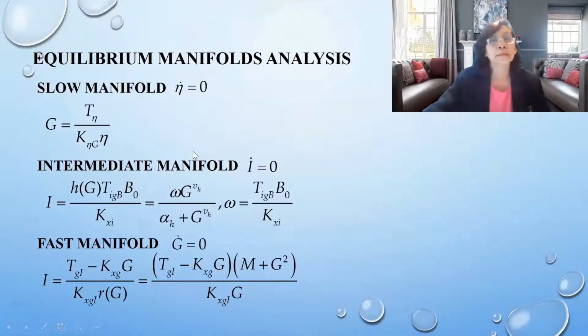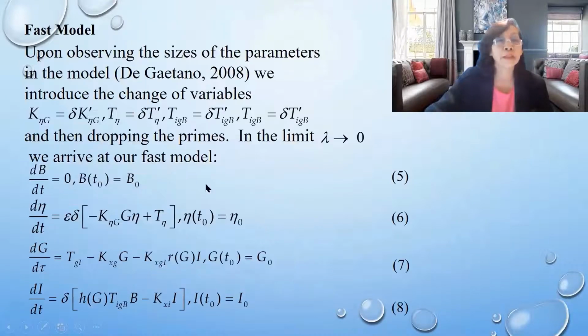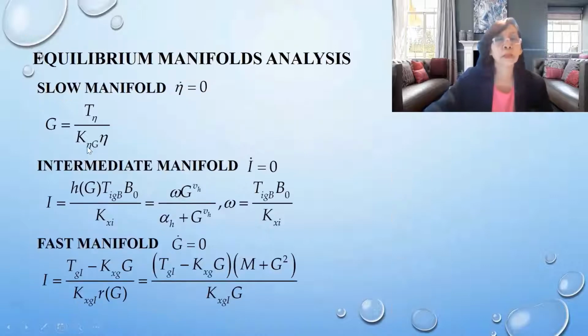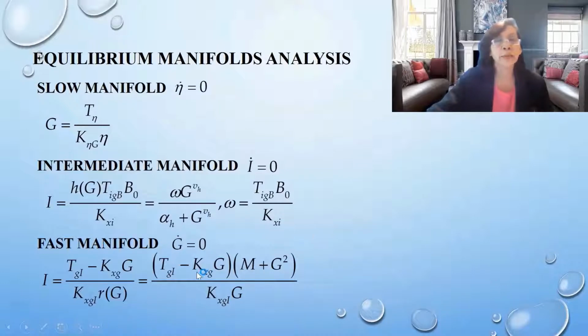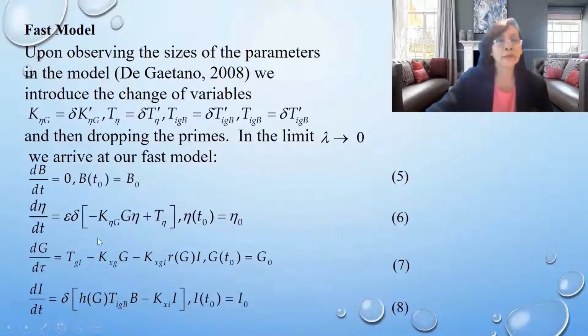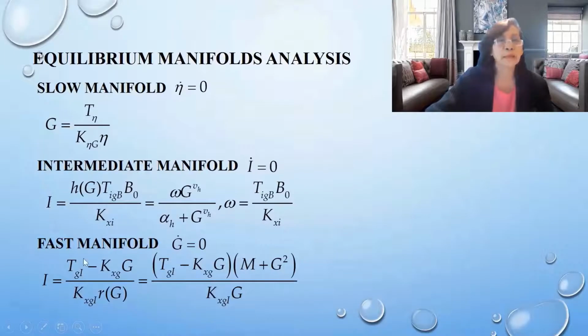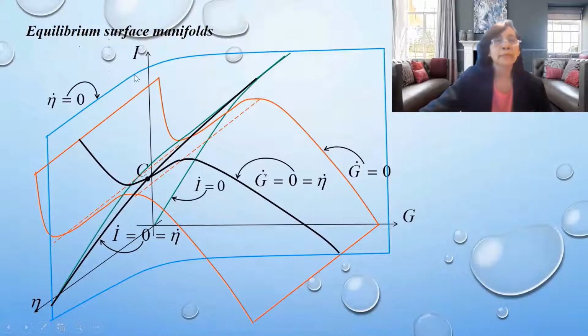When we equate the right-hand side of this equation to 0, we obtain this equation. Equating the right-hand side of this equation to 0, we obtain this equation, and equating the right-hand side of this equation to 0, we obtain this equation. When we sketch the graphs of these three equations, we find three equilibrium manifolds.